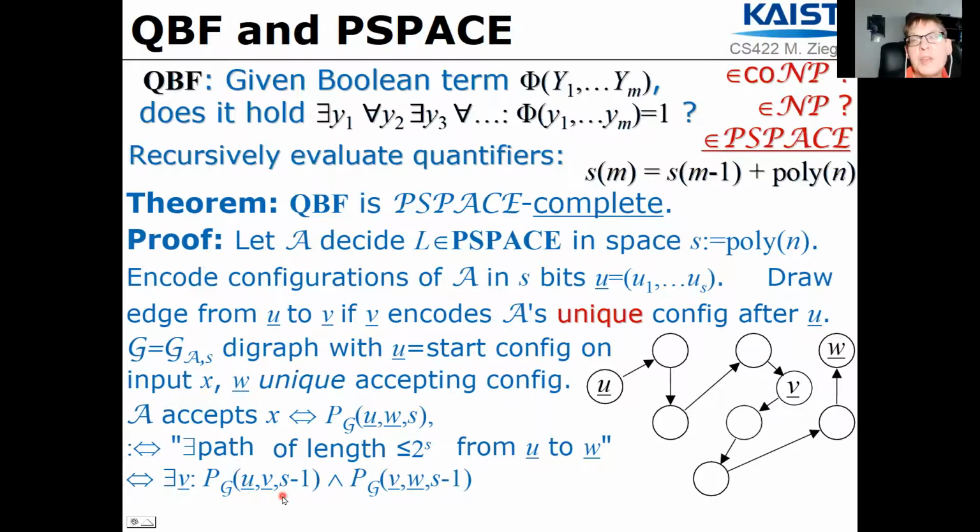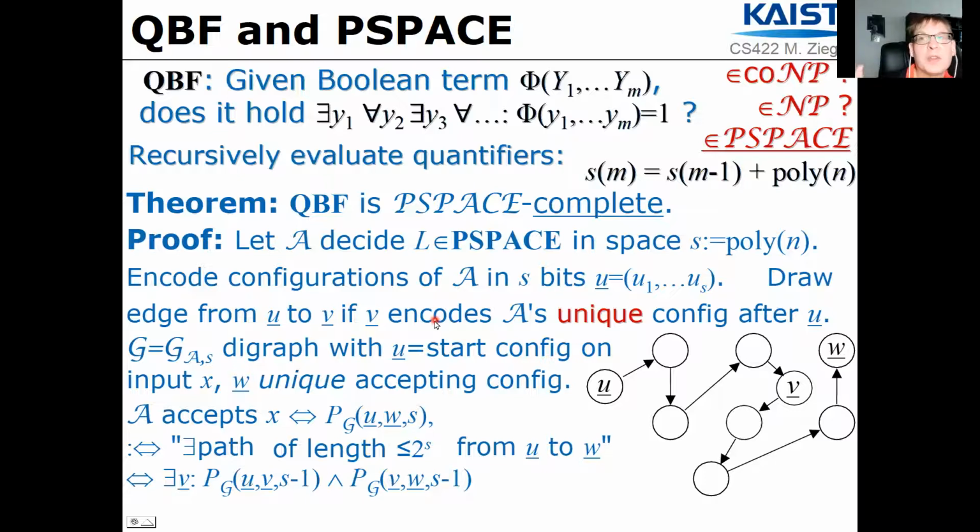So by continuing this, replacing this and this, inductively in this way, one arrives at a purely Boolean expression, namely when S is equal to 0, then that means there's a path of length 1 from U to V, which basically means that V is the next step after U in the algorithm's execution.